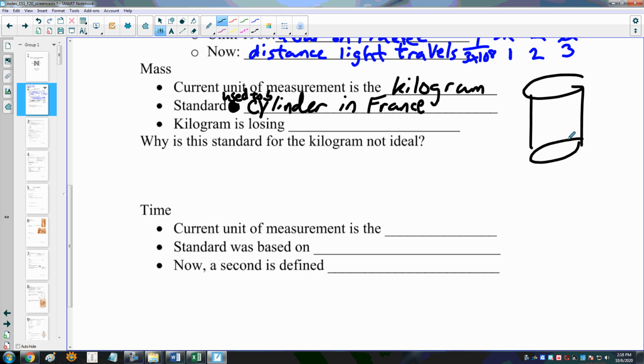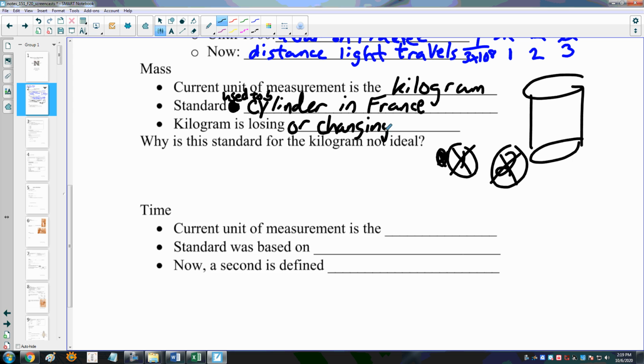The problem with this, well, it had lots of problems. First, it wasn't accurate. So it wasn't really good for measuring objects of a really small mass or objects of a really large mass. It just wasn't accurate for those things. It also was not unchanging. In fact, the kilogram was losing or changing mass with time.